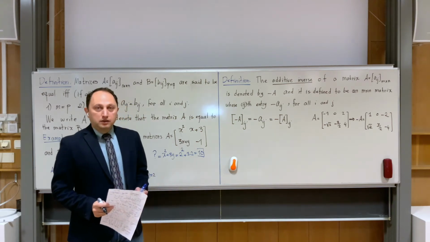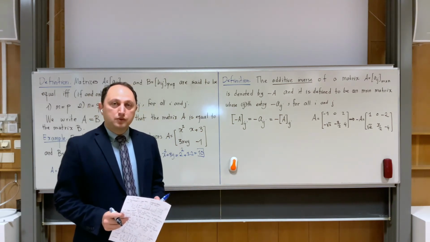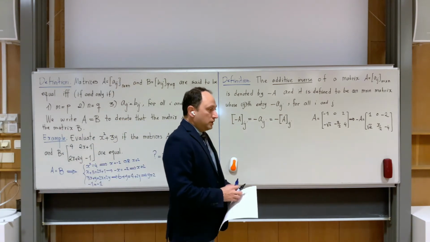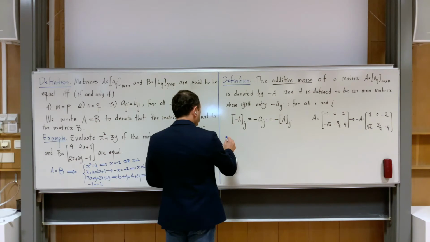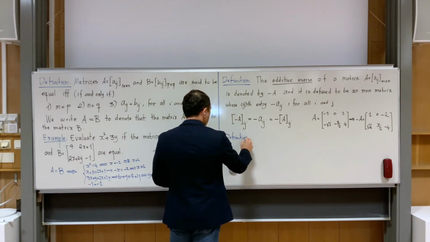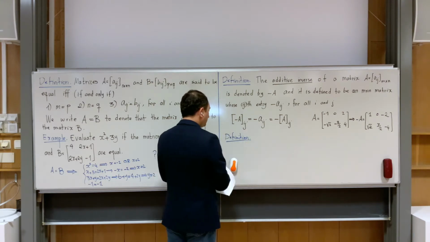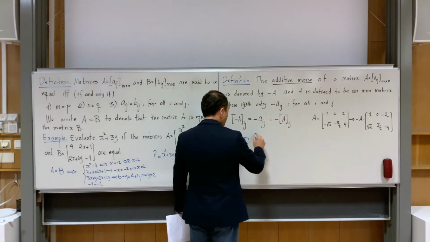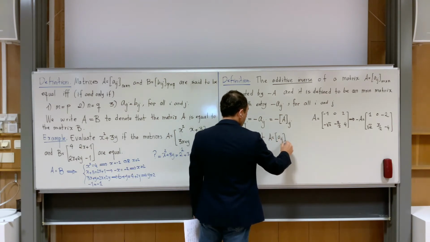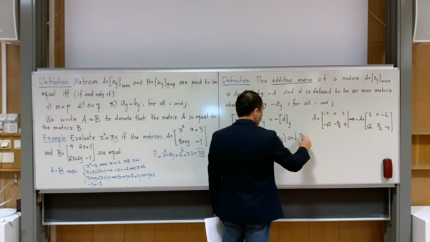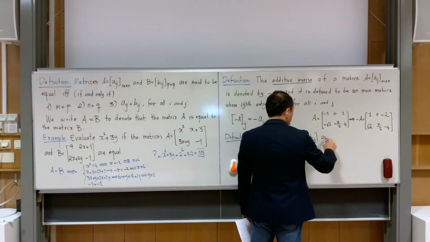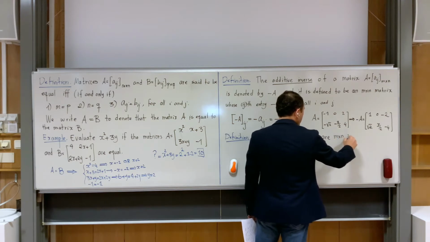Okay, now I want to define how to add two matrices together. Let me write the formal definition here for you first. Definition. Let A equal (a_ij) and B equal (b_ij) be m by n matrices.